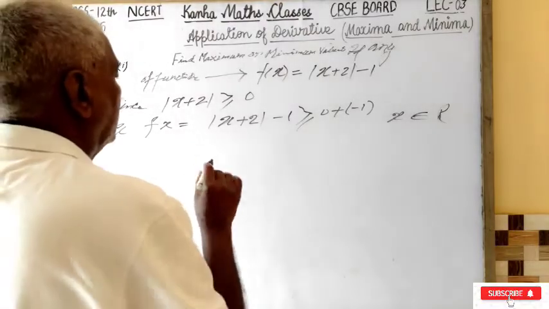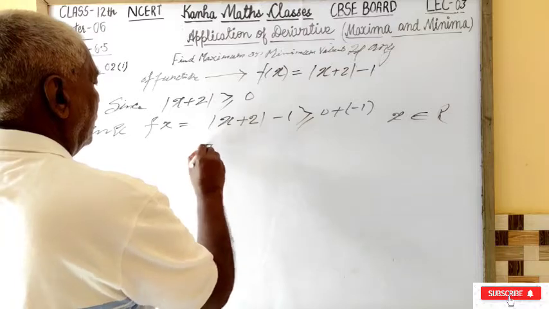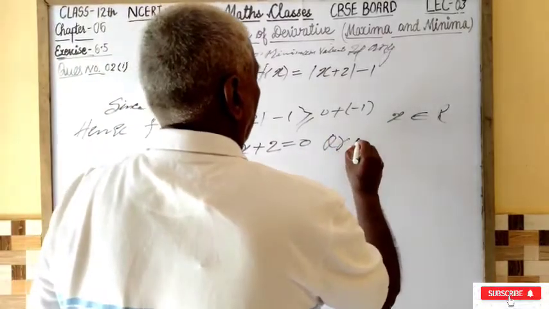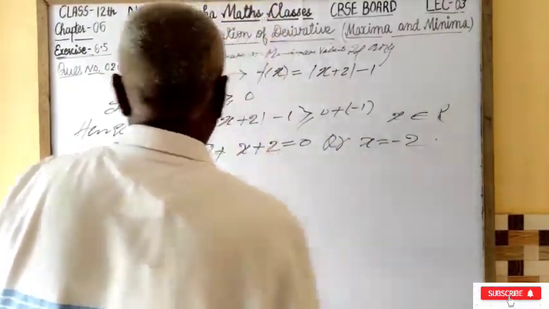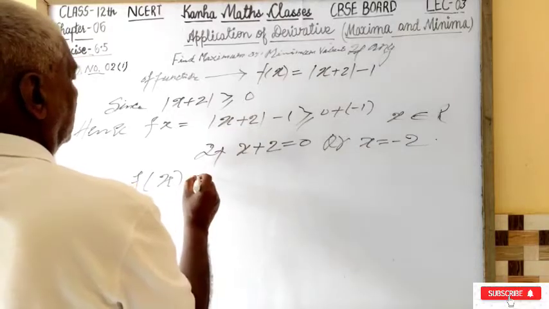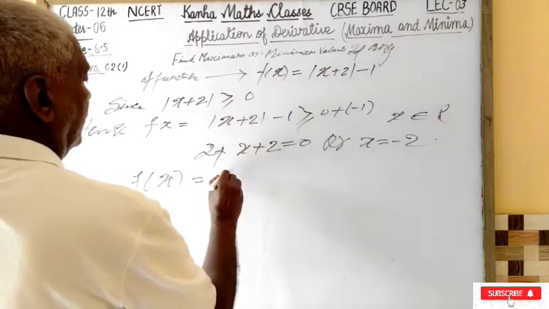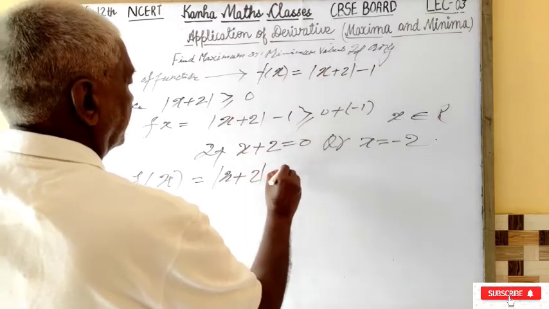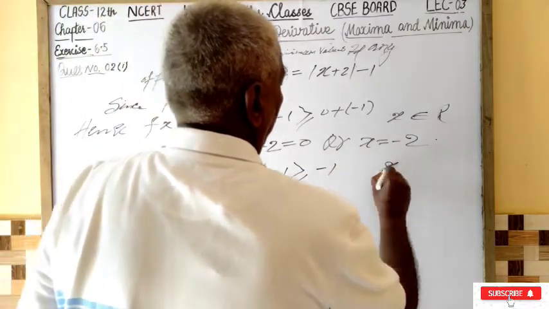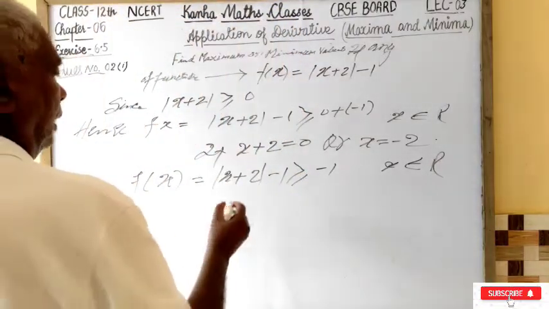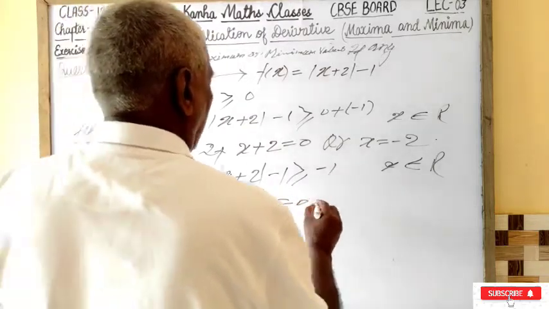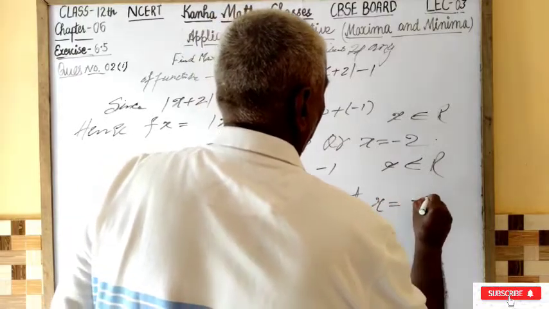Now, if x + 2 is 0, or x = -2, then f(x), that is |x + 2| - 1, is greater than or equal to -1 for every x in R, and |x + 2| will be 0 at x = -2.